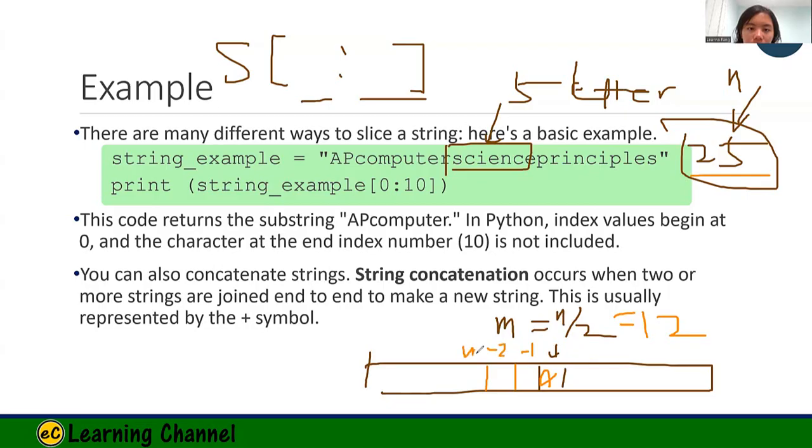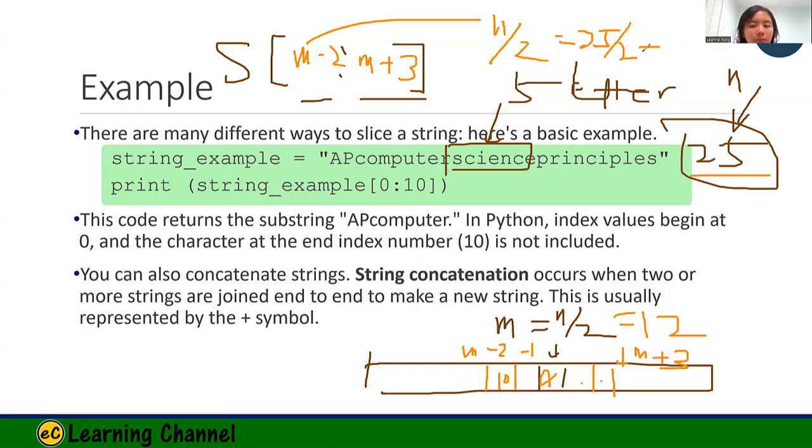Here m minus 2 is 10. On the other side, m plus 1, 2, 3. So the slice is m minus 2 up to m plus 3, where m is n divided by 2, which is 25 divided by 2, that's 12. Is that okay?